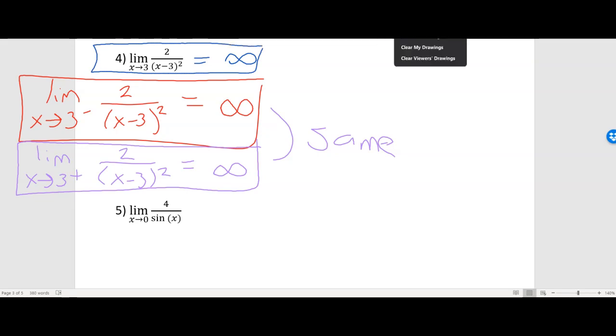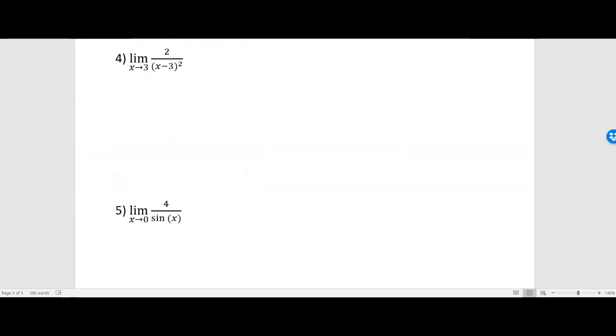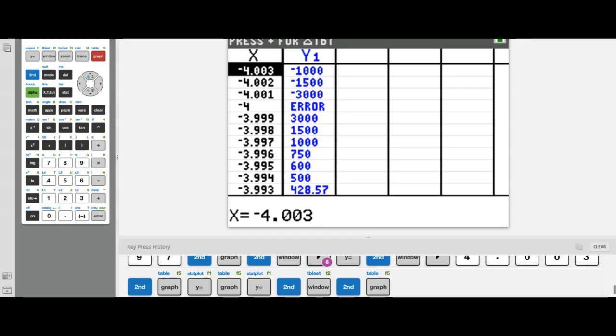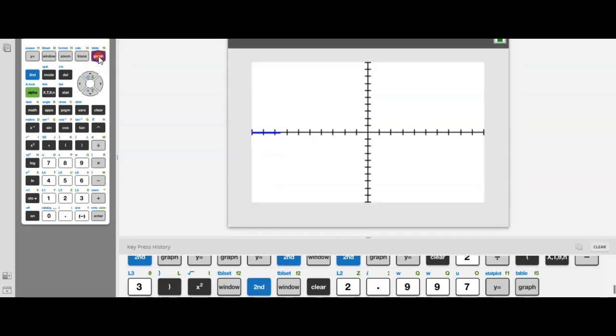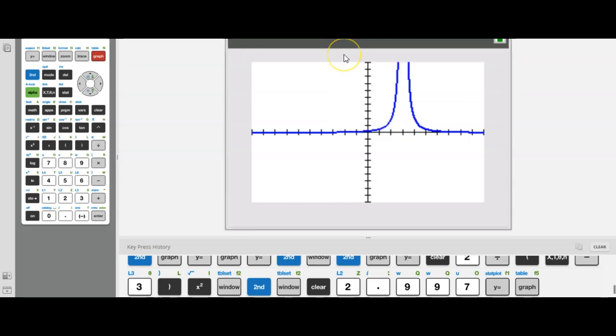Okay, so now we're going to check our work with a calculator. Okay, so I've entered the function. We'll first check out the graph. We can see that there is that vertical asymptote at x equals 3.